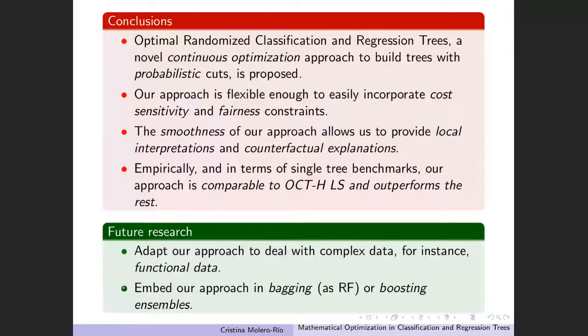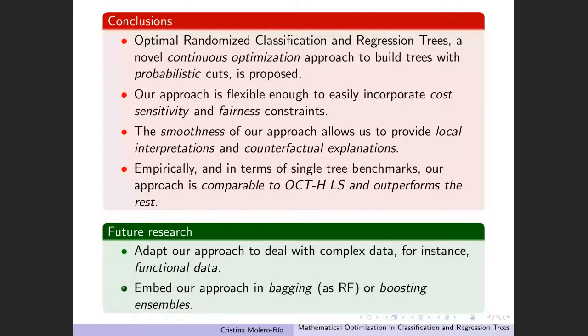Okay. So some conclusions. I have presented a continuous optimization approach to build trees with probabilistic cuts. We have seen that it is flexible enough to incorporate cost sensitivity and fairness constraints. The smoothness of our approach allows us to provide local interpretation and counterfactual explanation against the Milo approaches and deterministic ones.